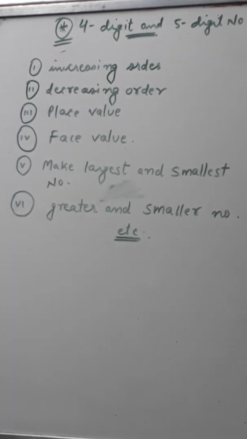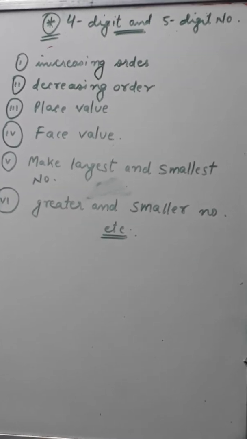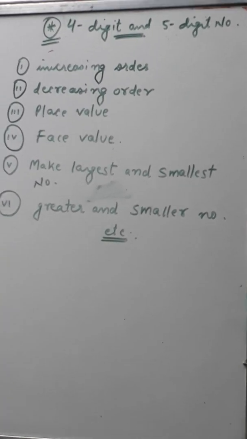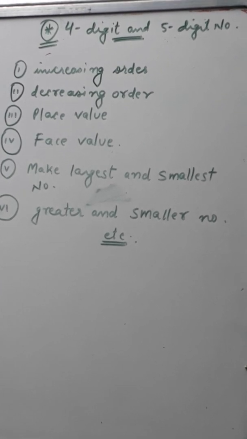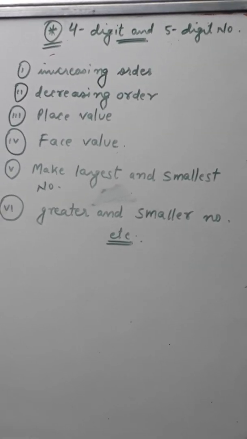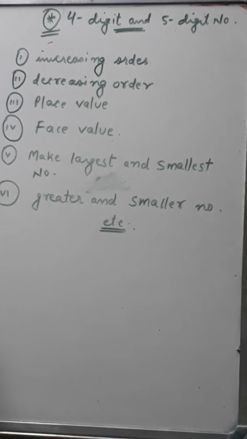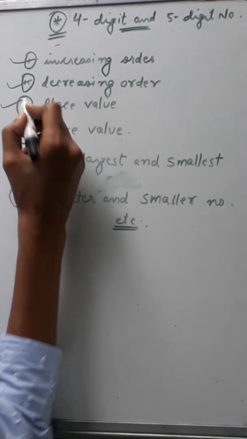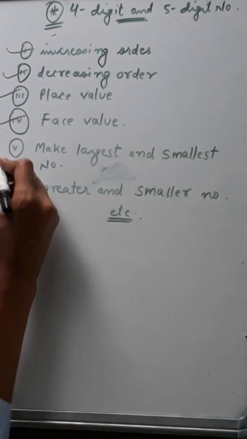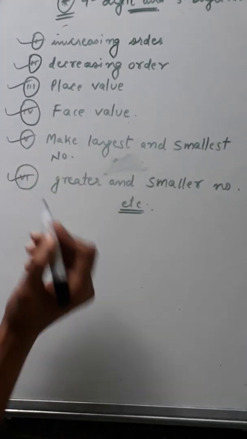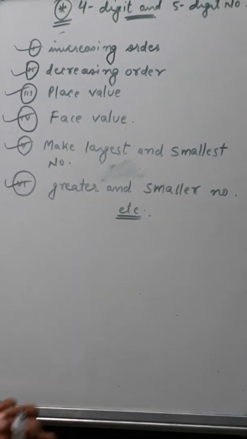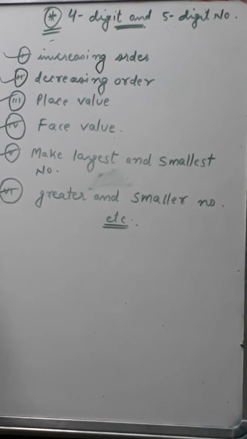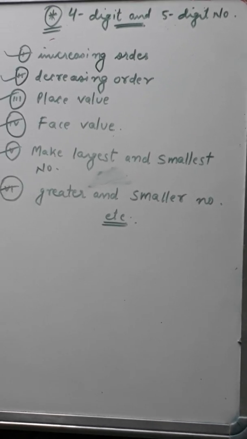Before starting the topic, in 4-digit and 5-digit numbers we have to study increasing order, decreasing order, place value, face value, making the largest and smallest number, greatest and smallest number, making greater or smaller numbers, putting greater or smaller signs between numbers, and so on.